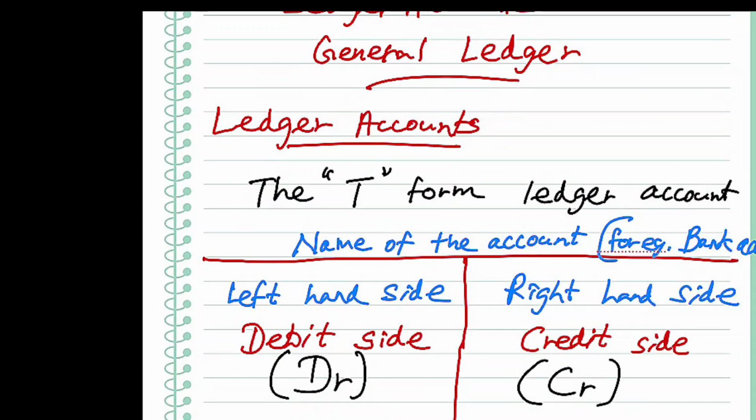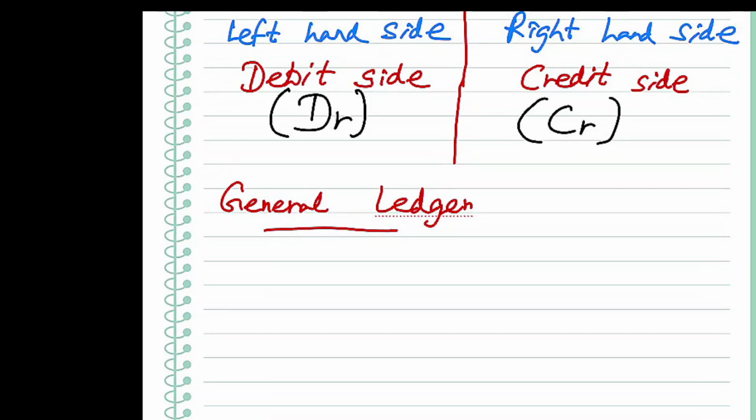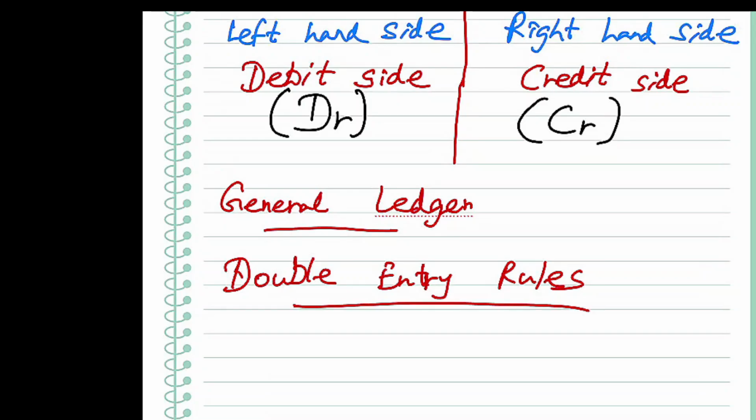Okay guys, what we have to do is please take down the next subtopic: double entry rules. Write number 1.